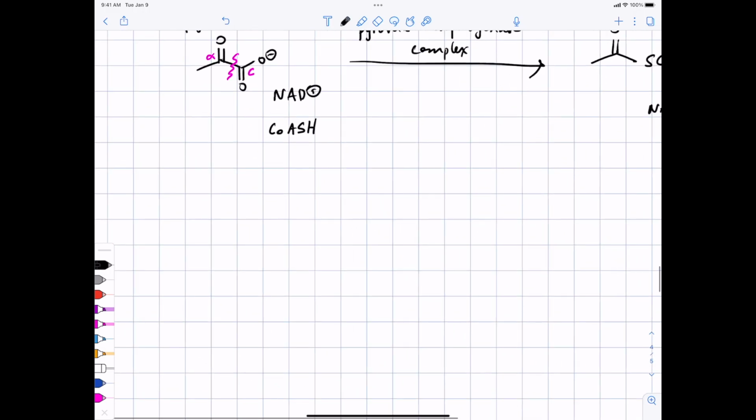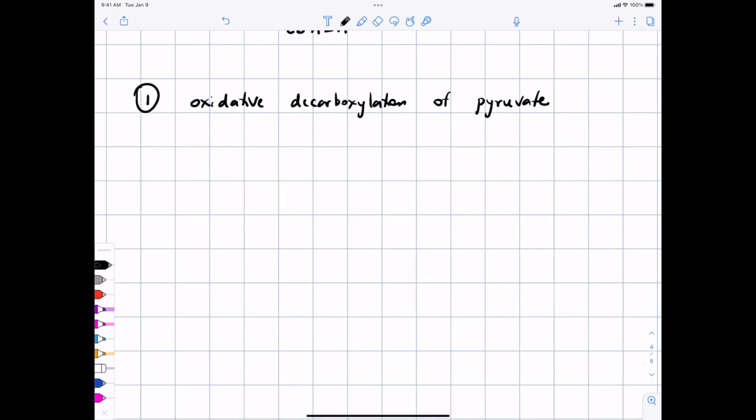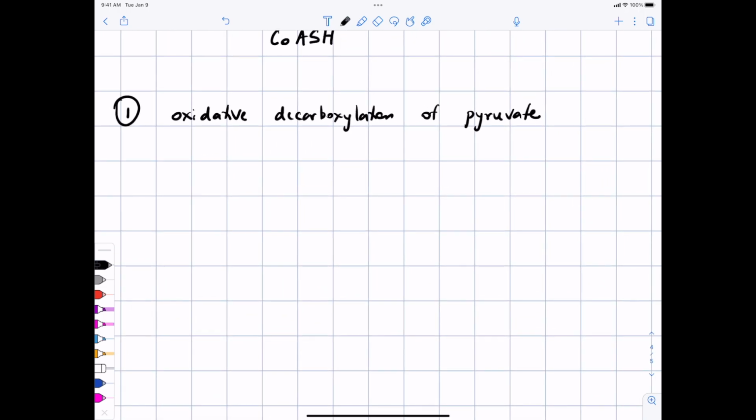First is what I'm going to call oxidative decarboxylation of pyruvate. All right, and there are some cofactors here that are required.